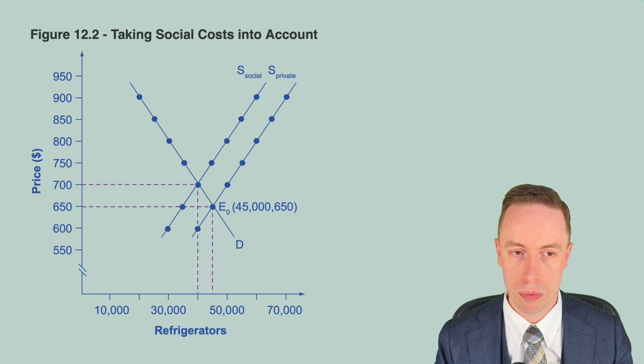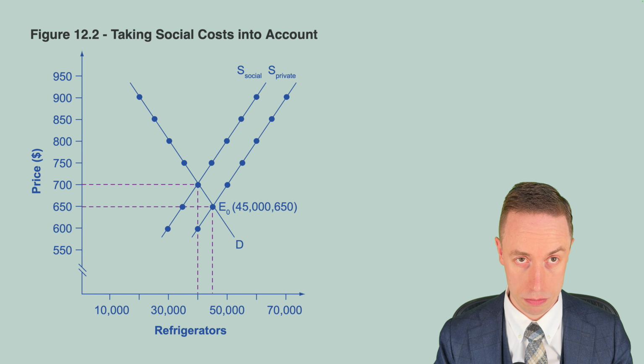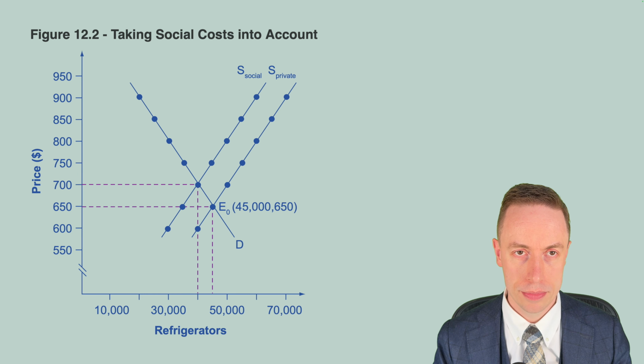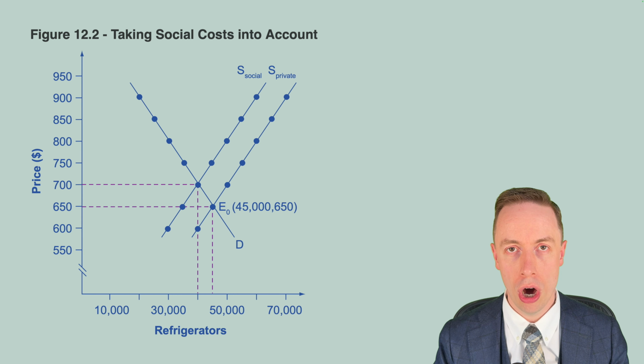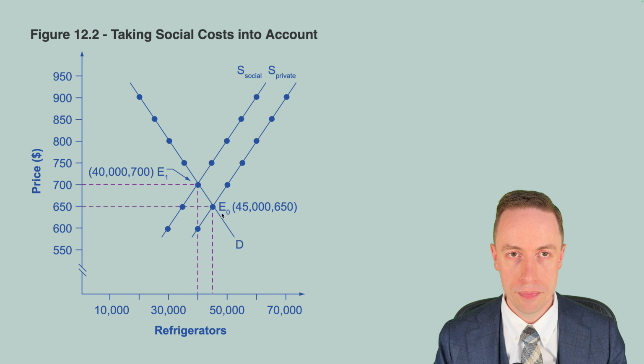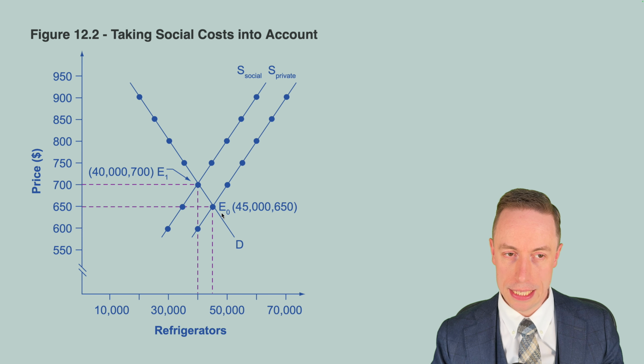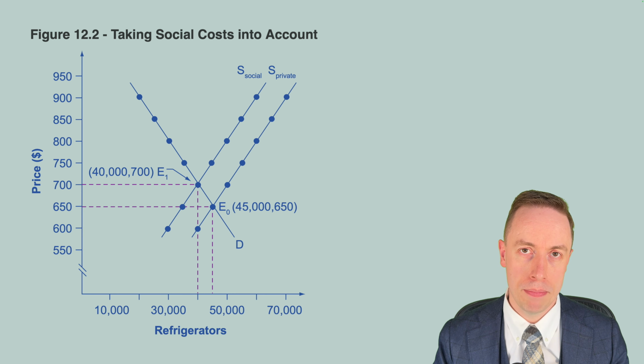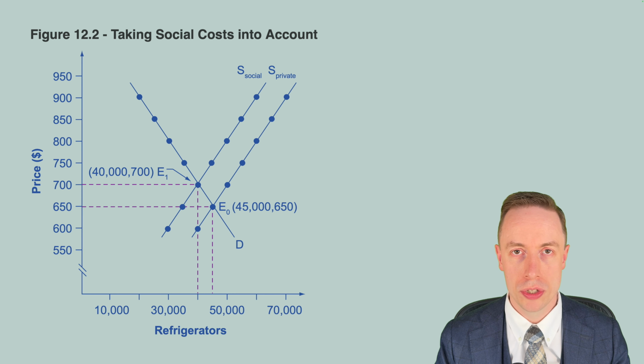So let's distinguish that one more time. E sub 0 here, that's the market outcome, the equilibrium, what the market does if we just let the thing do its own thing. And we want to distinguish that from the socially optimal outcome. I'll designate that E sub 1, which is the desirable outcome that maximizes the wealthiness of our society.